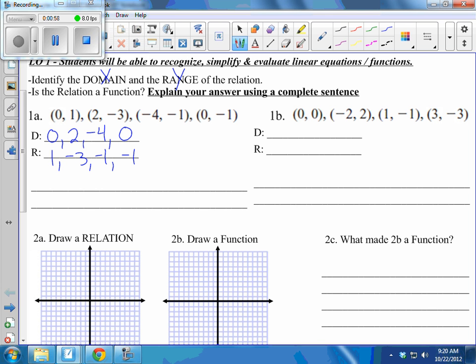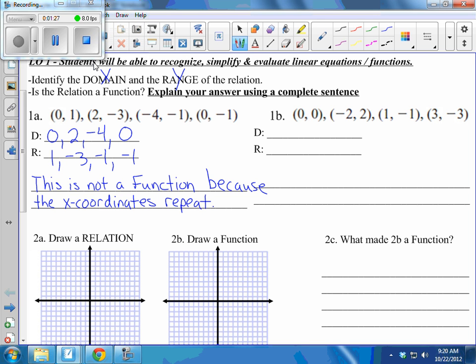So is 1A a function? The answer is no. This is not a function because the x coordinates repeat. And that's putting my answer in a complete sentence.